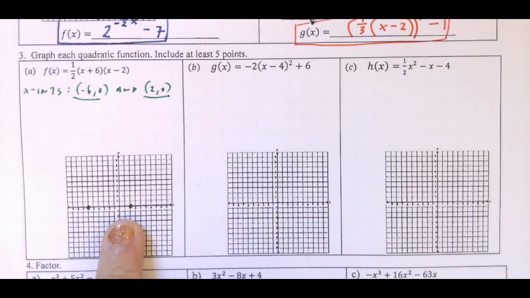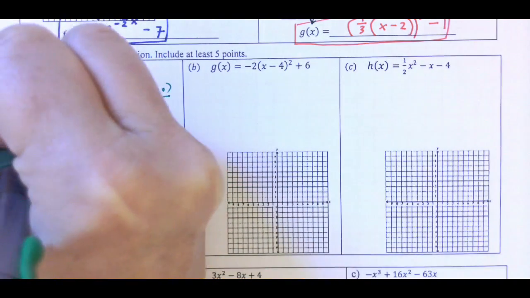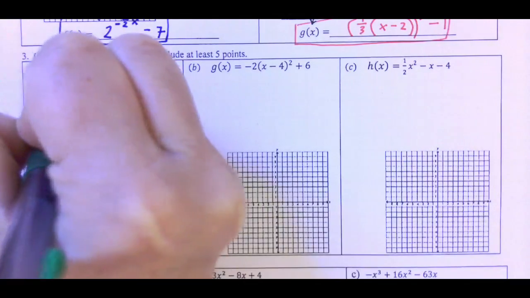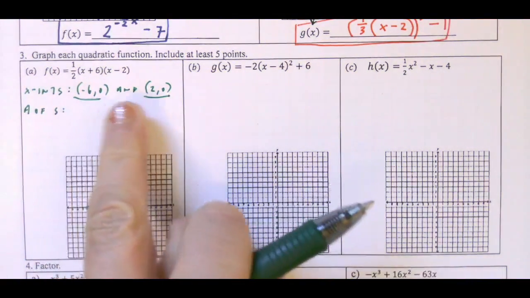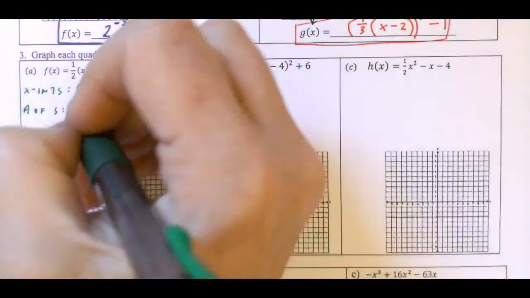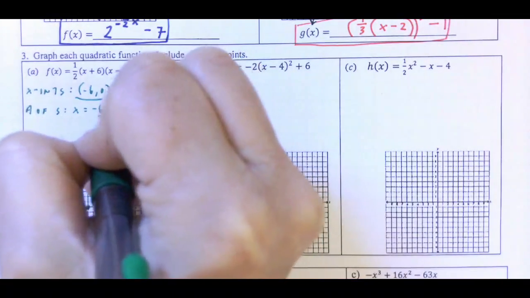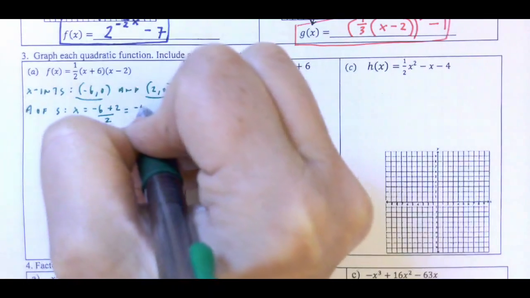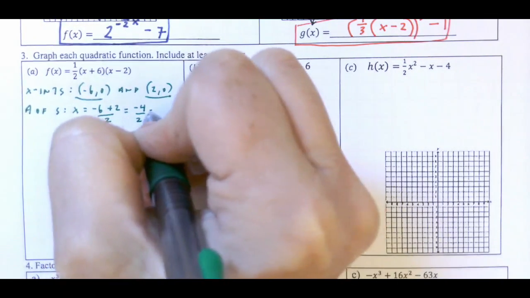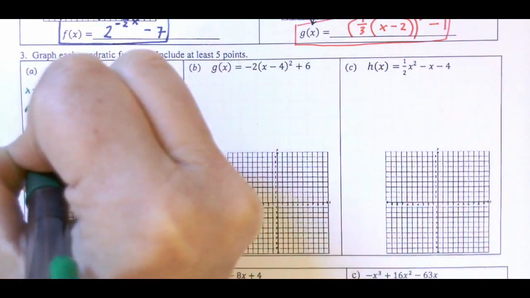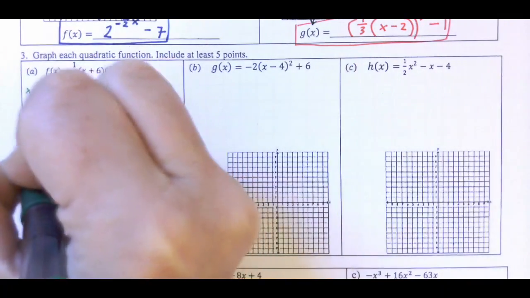So then if I want my axis of symmetry, I'm looking at the average of these two intercepts. So -6 plus 2 over 2. And -4 over 2 is -2. So I'd say x equals -2.